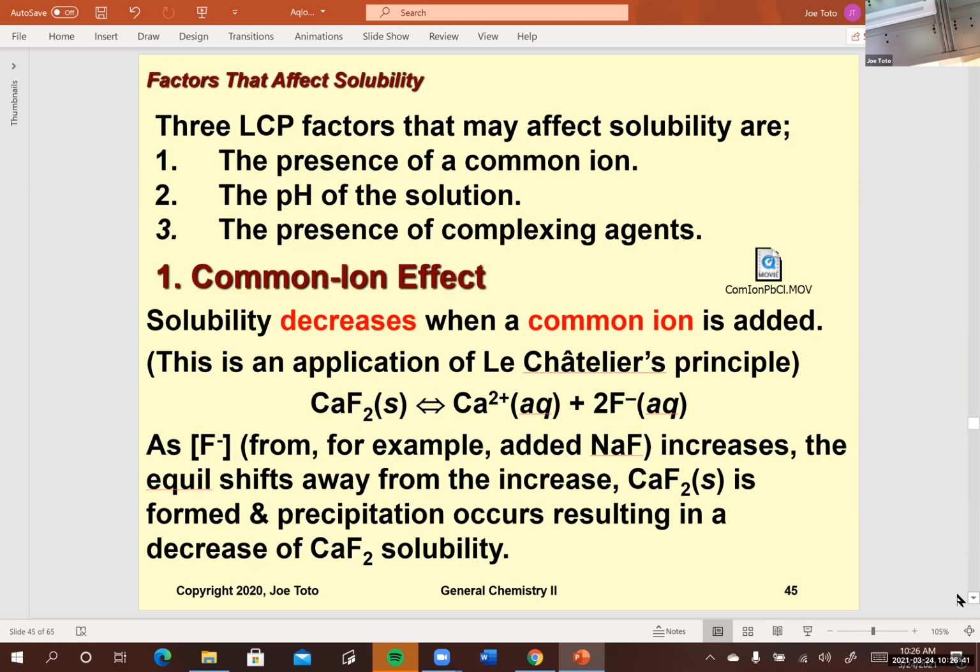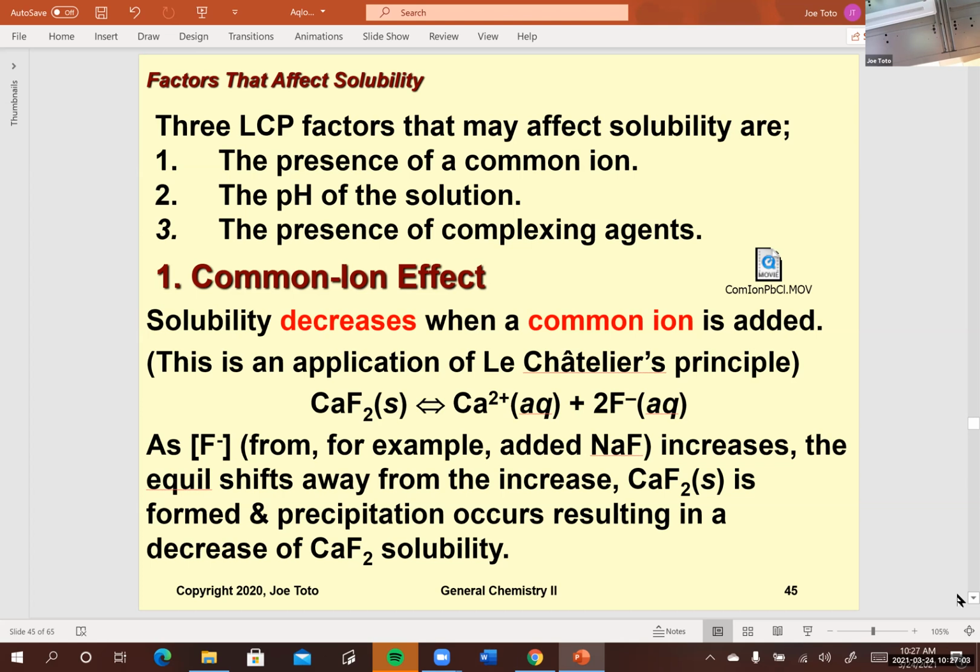And we're going to look at Le Chatelier's principles in terms of the common ion effect, changes in pH, and the presence of complexing agents on the solubility of these insoluble salts. Now, I think you can probably figure this out.